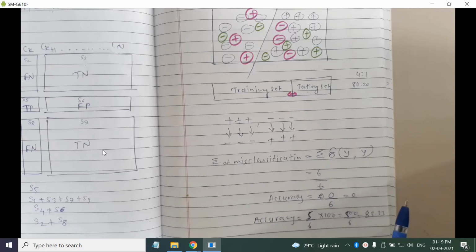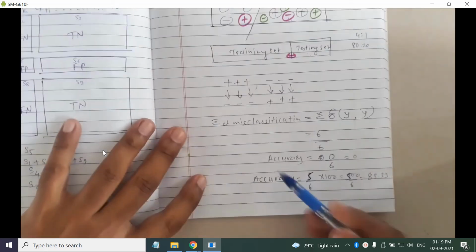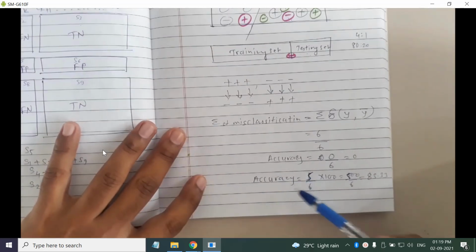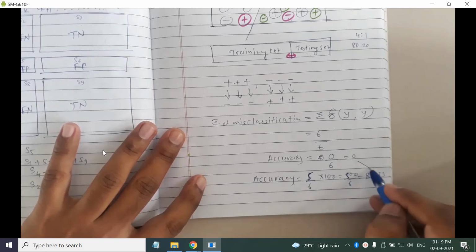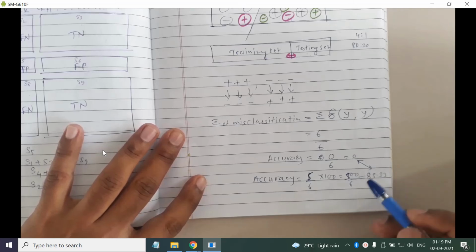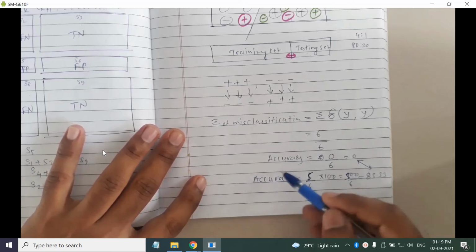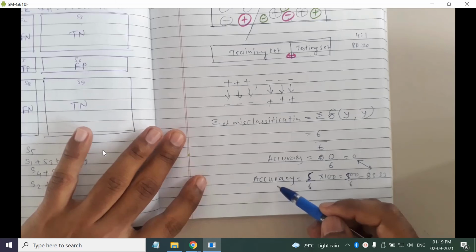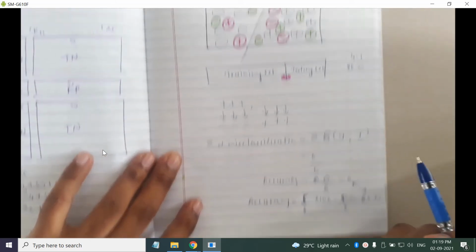Why is there a difference between these two accuracies, and it is a very big difference, right? From 0 to 83.33. Why are we getting that much difference in the accuracy score? Now what is the root cause of that?